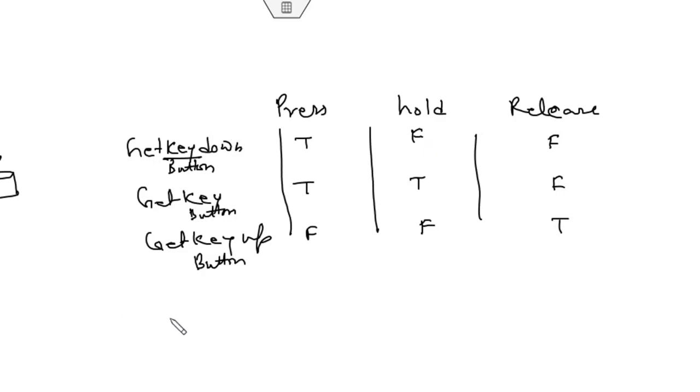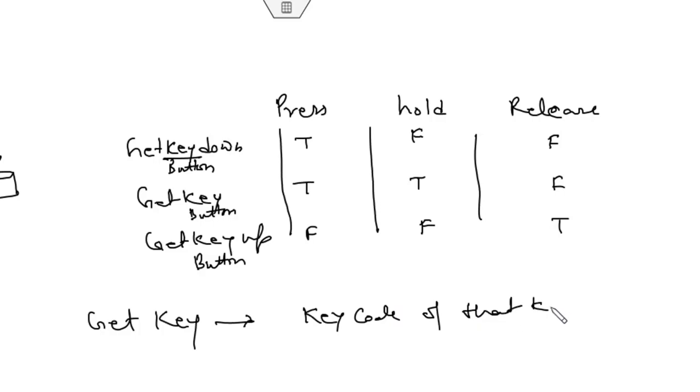So basically, when we deal with GetKey, GetKeyDown, GetKeyUp, they deal with the key code of that key. Every key has its own key code, so this function uses that key code.